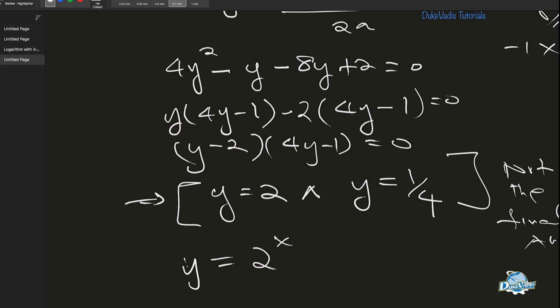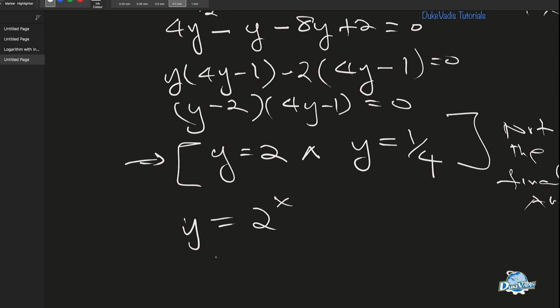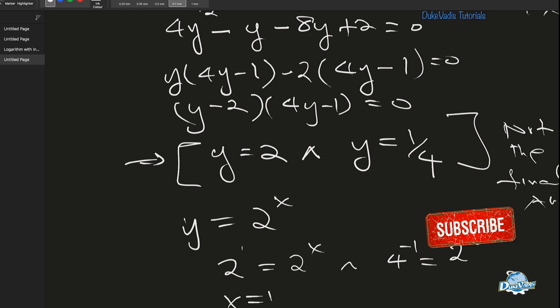Okay, so then we put back the respective values into the equation. We have 2 equals 2 raised to the power x and 1 over 4 is equal to what? 2 raised to the power x. Okay, so x is equal to what? 1.